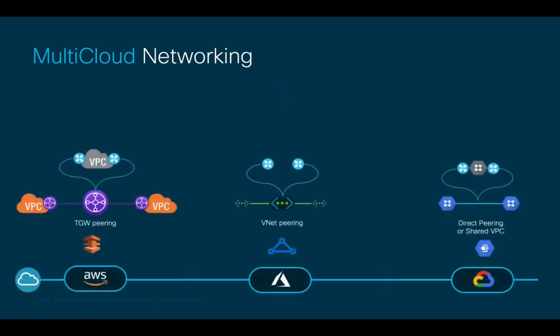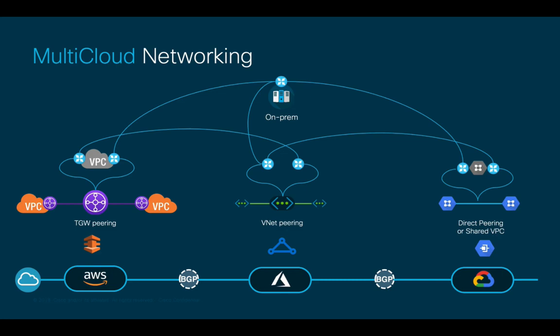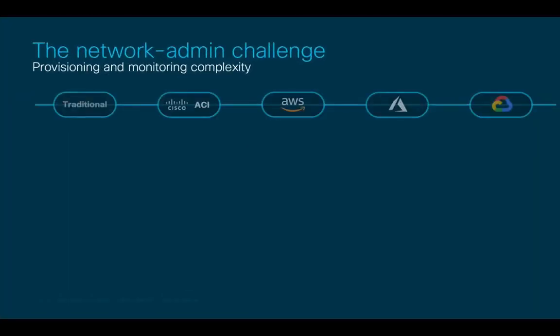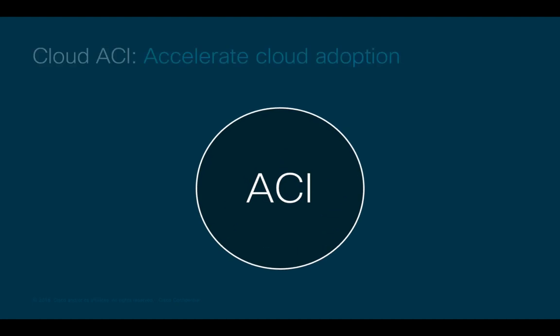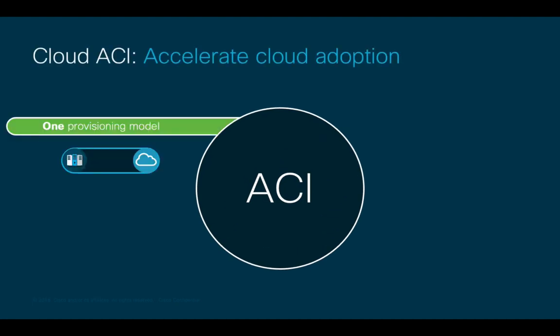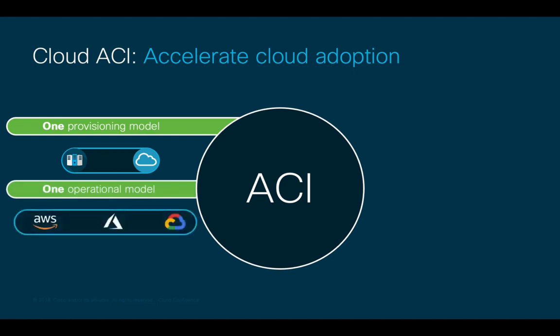If you now add your on-premises environment to the mix, network administrators in a hybrid cloud environment may find operational challenges to provision, monitor, and secure the network consistently. This is where Cloud ACI may help, since you only need to learn one networking model, not many, allowing you to normalize network operations across multiple clouds.